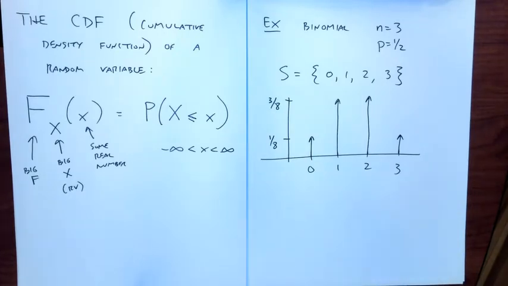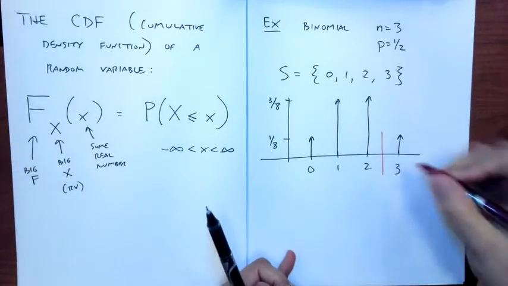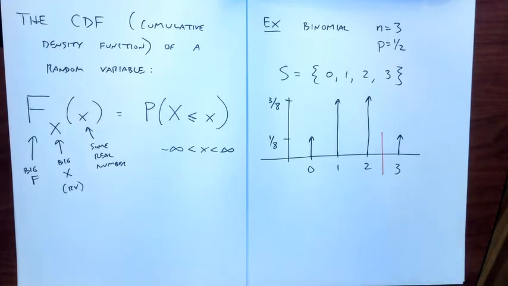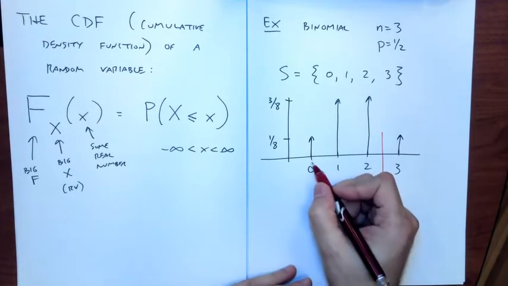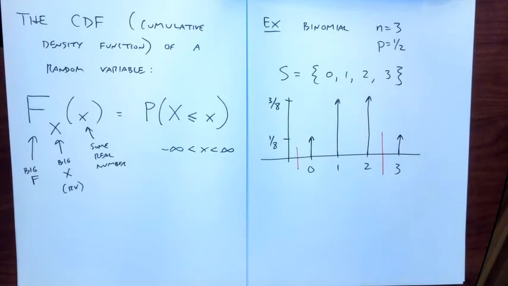That's like asking myself, okay, if I'm going to draw a line somewhere, what's the probability to the left of that line, okay? So clearly, if the line I draw is to the left of 0, then the CDF is 0, right?